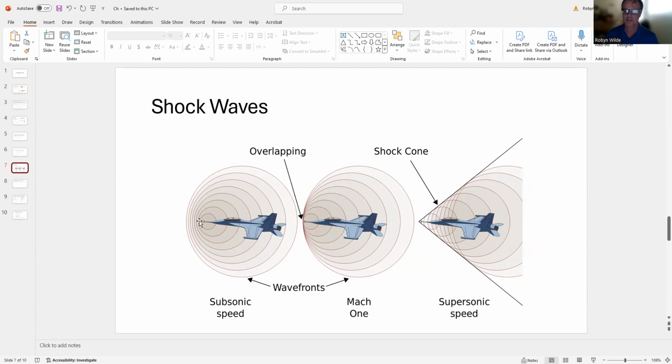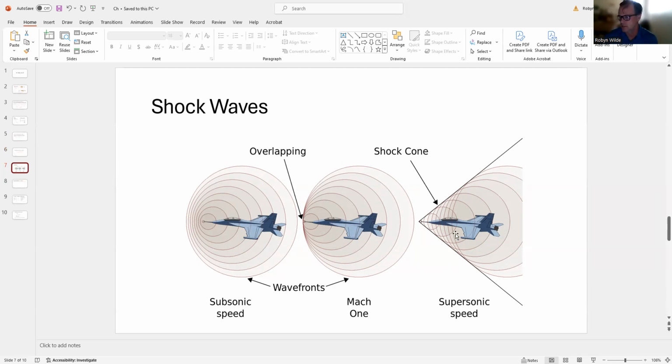Once you get to the speed of sound, you're at what's called Mach 1. Now all the waves are overlapping, and you're going to get some constructive interference going on there. It's going to create a very intense sound. And so this is really the source of what we describe as a sonic boom. If a jet flies overhead, you might hear a very loud sound.